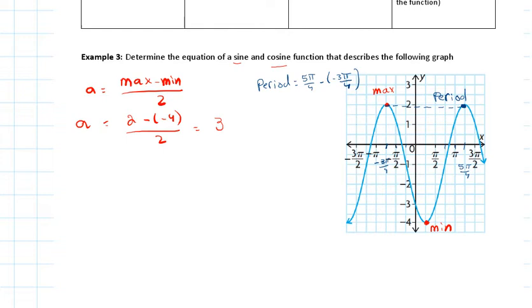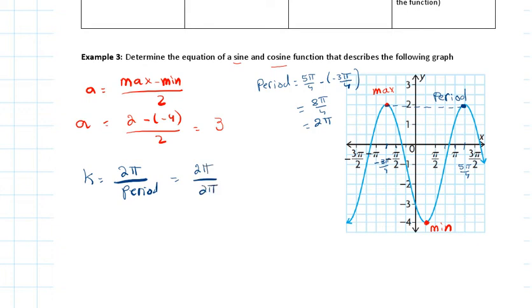That's going to be 5 pi over 4 plus 3 pi over 4, so that's 8 pi over 4, which is equivalent to 2 pi. Okay, now the k value is 2 pi over the period, and that's going to be 2 pi over 2 pi, so k equals 1.